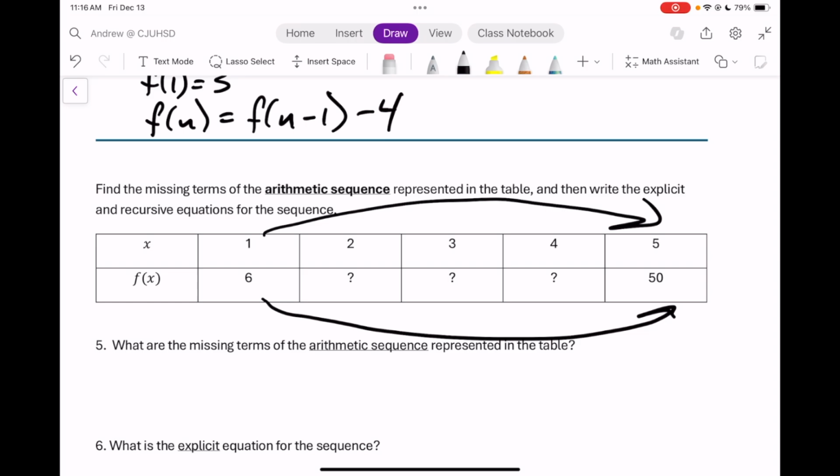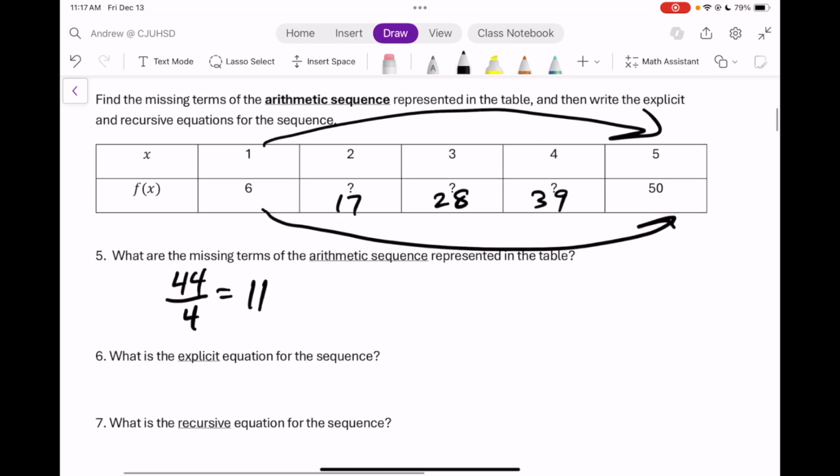So to go from 6 to 50, you have to have jumped a total of 44. And to get there, you have to have jumped from 1 to 5, which is a jump of 4. That means the common difference is 11. So that makes this 17, and then 28, 39, and then 50.